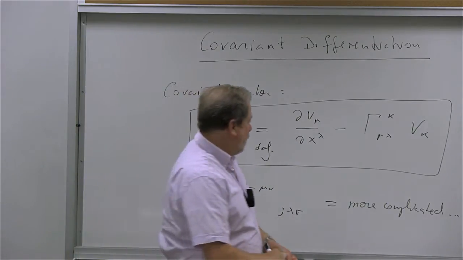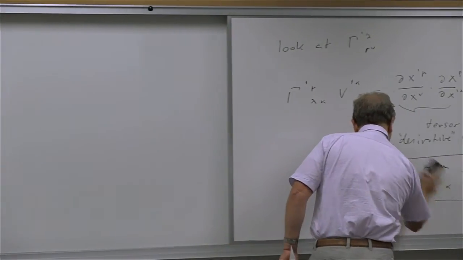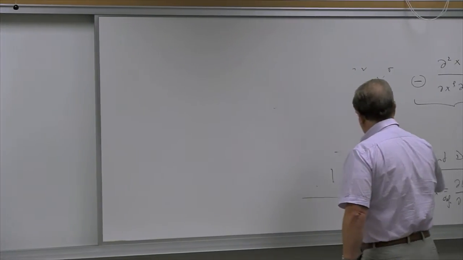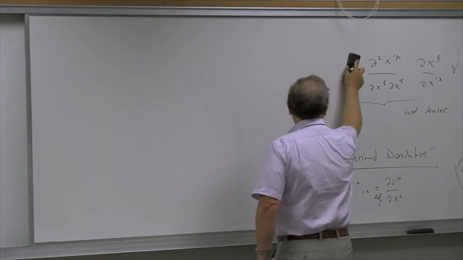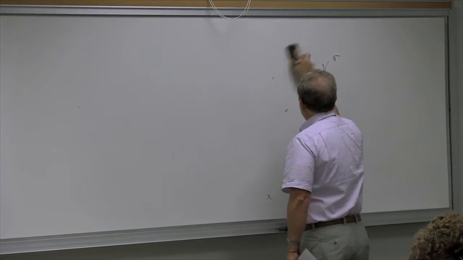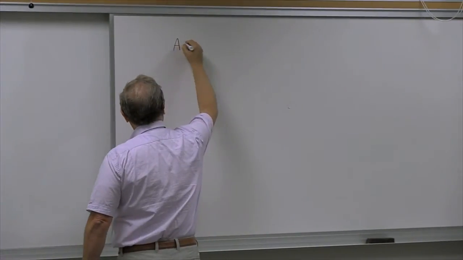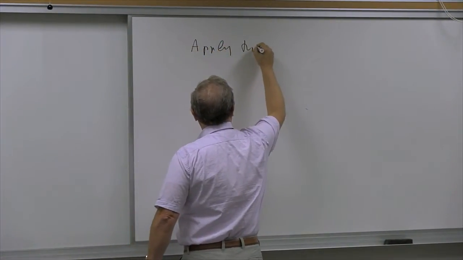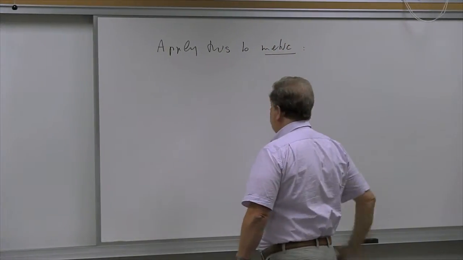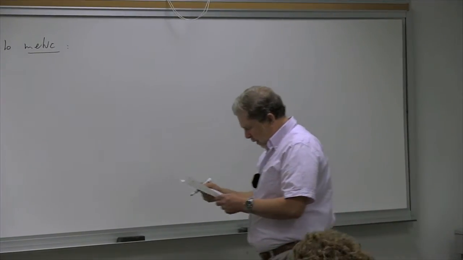Now one interesting result that is very much relevant for the theory of relativity and the Einstein field equations is what happens if you take the metric itself, because we're interested in figuring out what the derivatives of the metric look like.